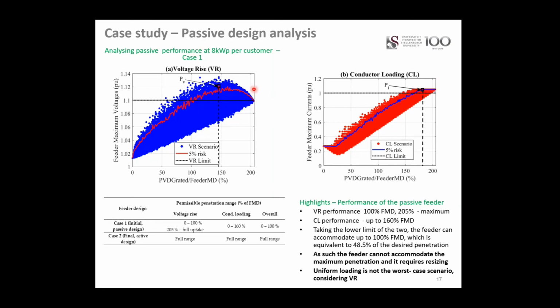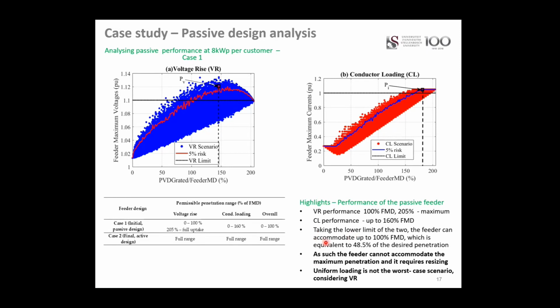In this case, your voltage rise returns a lower value compared to your conductor loading, and therefore that's the value that you can give as your hosting capacity before you start your iterative resizing process.